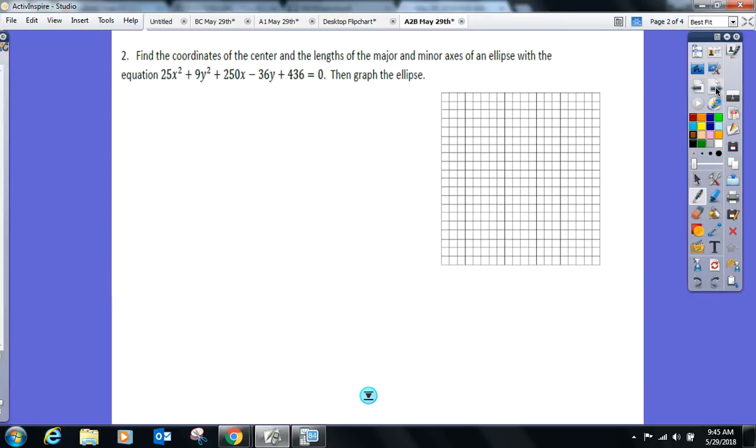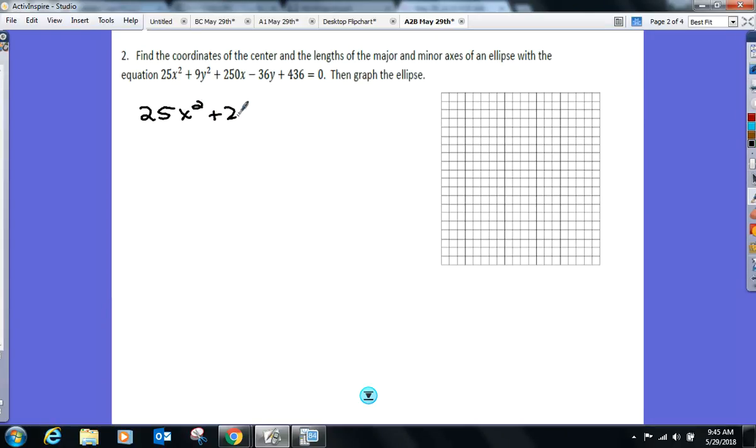X's together, Y's together, number to the other side. 25x squared plus 250x plus 9y squared minus 36y equals negative 436. Boom. All good.